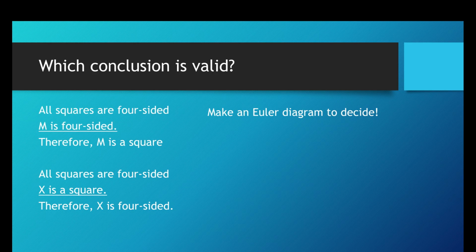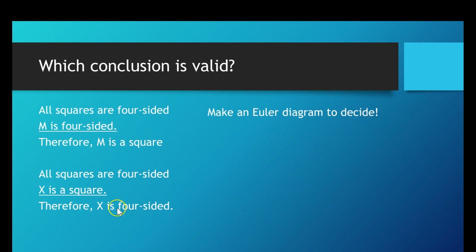All right, so now that you've got the idea, try each of these using an Euler diagram and see if you can figure out which one is valid and which one is not. Both of them have the same start. All squares are four-sided. M is four-sided. Sorry, the all squares are four-sided is the start for both of them, and then one has M as four-sided and the other has X as a square.